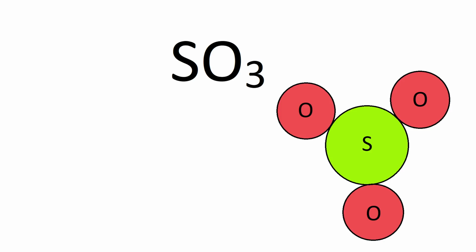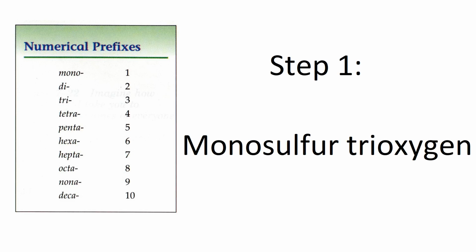We're going to be talking about how you name covalent bonds. In this case, we're going to be using SO3. First step is to add a numerical prefix with the amount of subscripts that follow the atomic symbol.